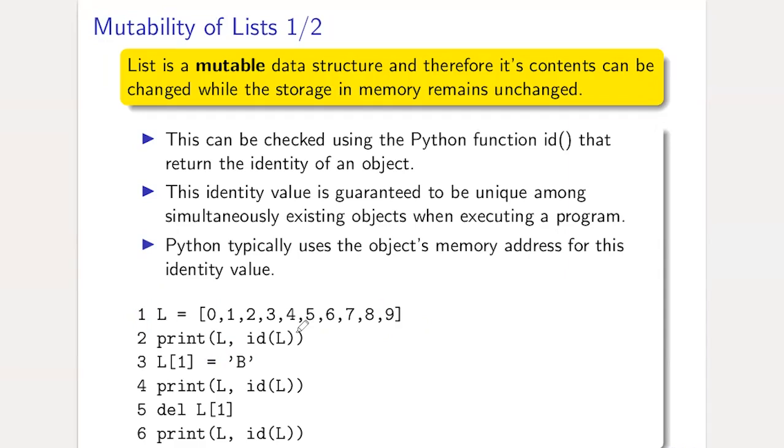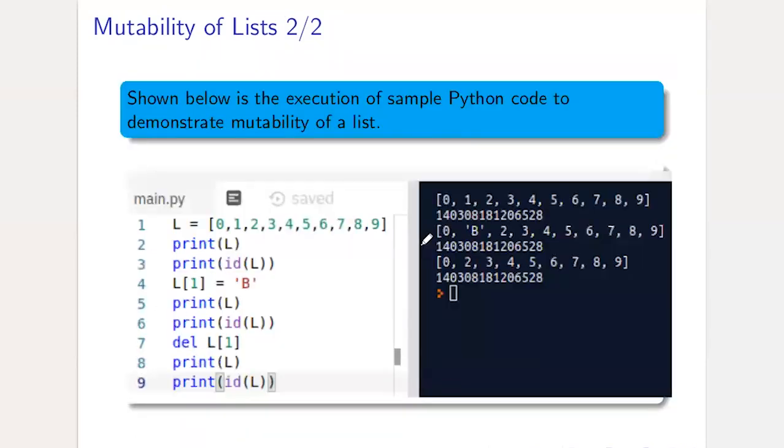It is not like you are changing the list by changing its values and creating it in a different location in the memory. As earlier, we can use the id function, which returns the memory location, to see its behavior. So let's look at the example code.